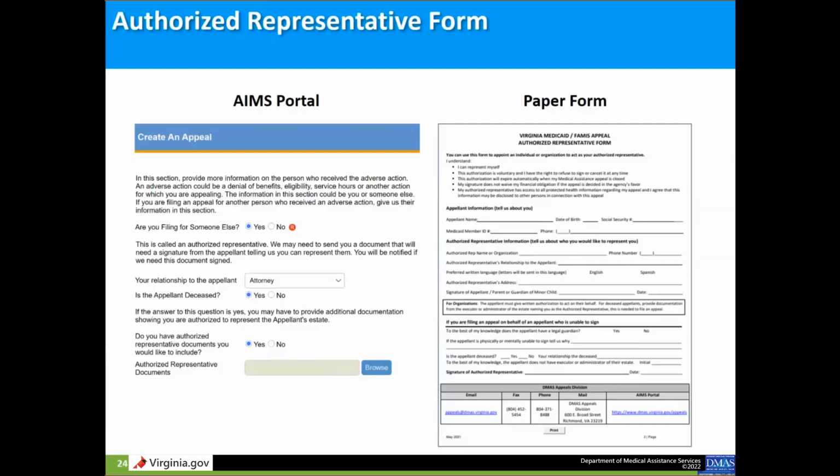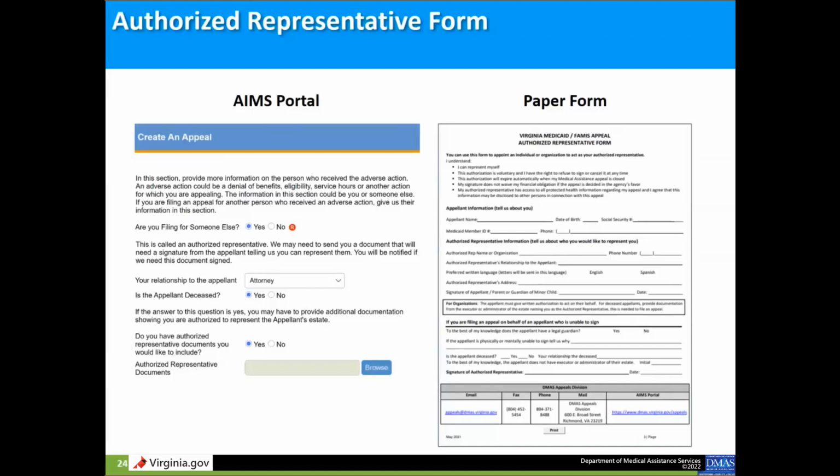The Medicaid appeals process, however, is designed to be easily accessible, so it's not necessary for a client to have a guardian, conservator, executor, or administrator appointed simply for the purposes of filing a Medicaid appeal. Our form allows the prospective representative to attest to a statement that the individual is physically or mentally incapacitated and unable to act on their own behalf, with a detailed description of the incapacity. We also allow the next of kin to certify that a client is deceased and that no estate has been opened on their behalf.